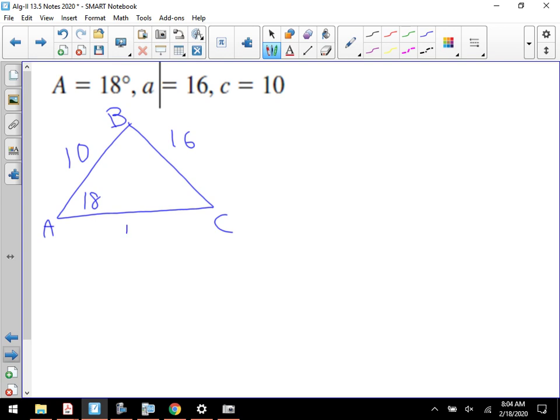Two angles and a side. Yeah, we got to get angle C, angle B, and little b. Always make a list. Set it up. Use A to start with.